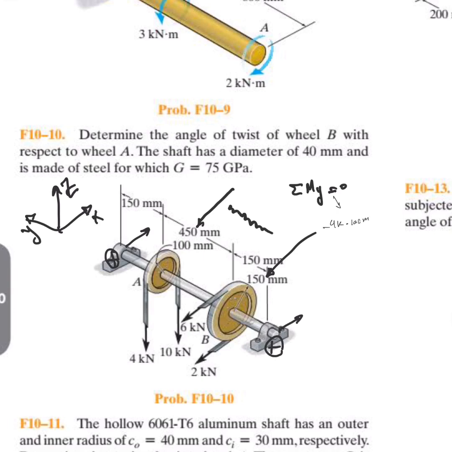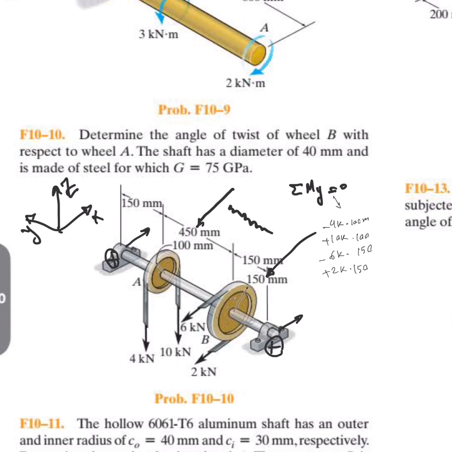This is negative. Then I go to the other, 10k times 100, and this one is positive. Then I go to 6k times 150, and this is negative, and then 2k times 150. This is all the external moment that I have on these 2 wheels.